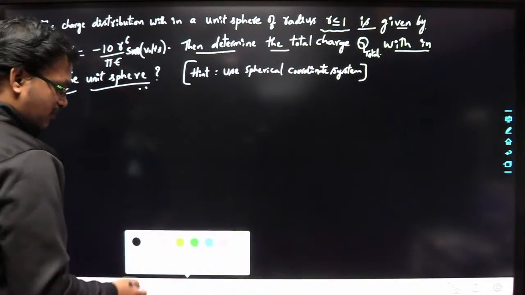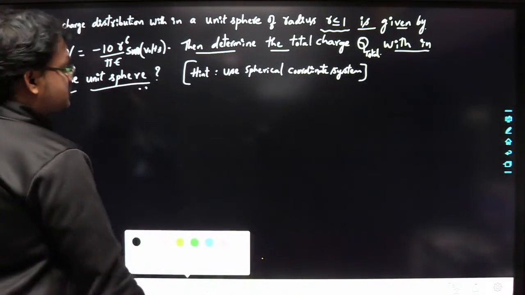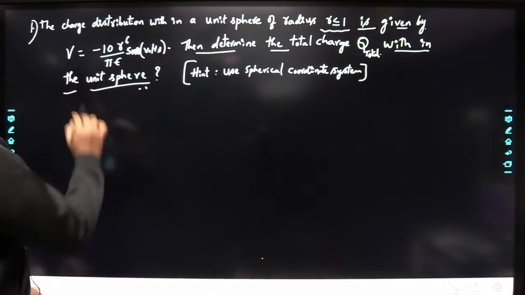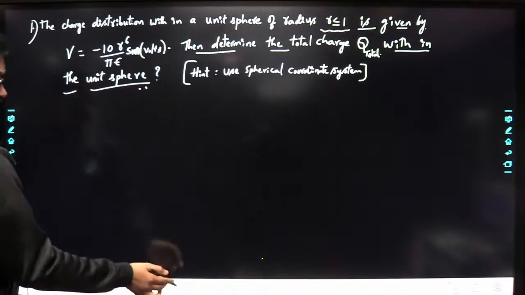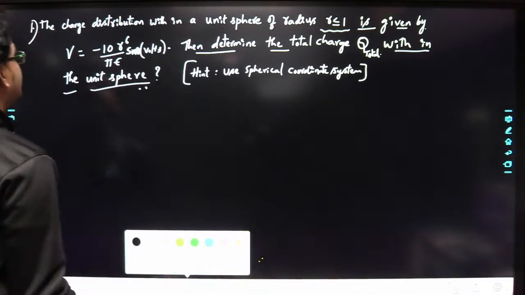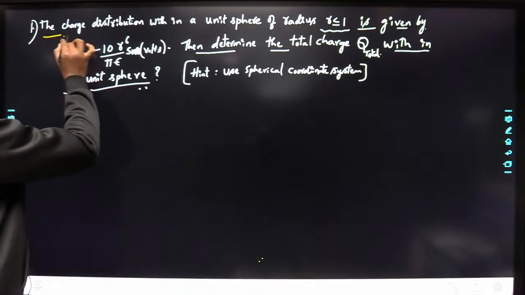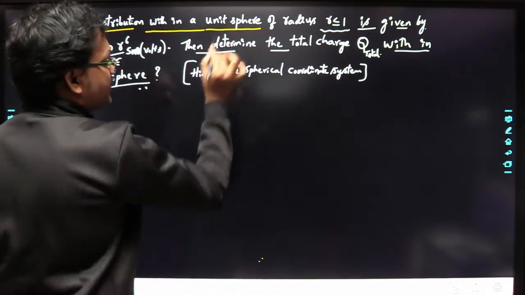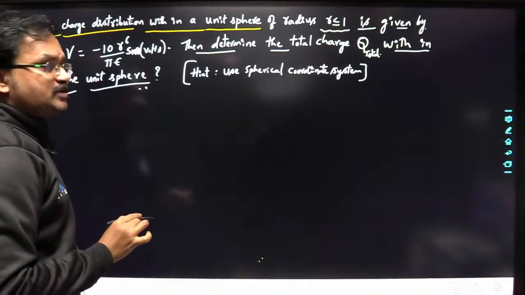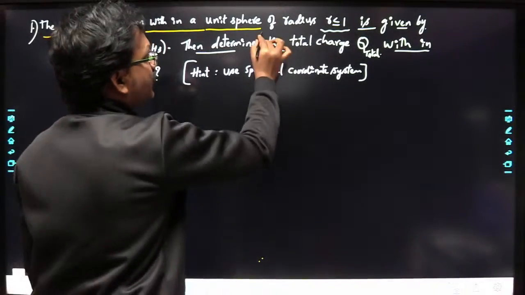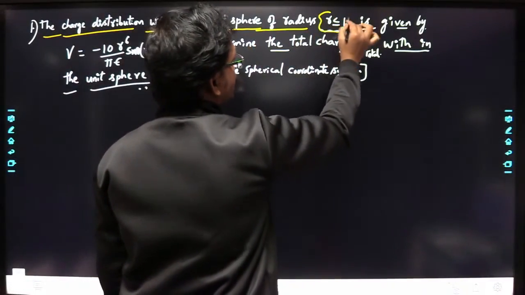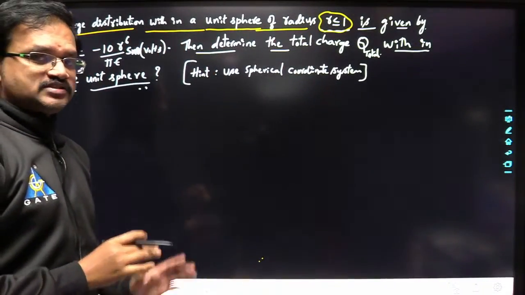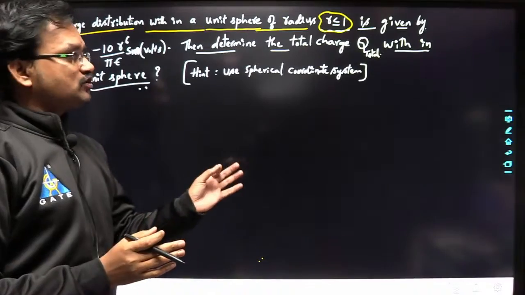So here I have given you a problem. See this problem. They have given the charge distribution within a unit sphere of radius r less than or equal to 1, that means the radius of the sphere is from 0 to 1.